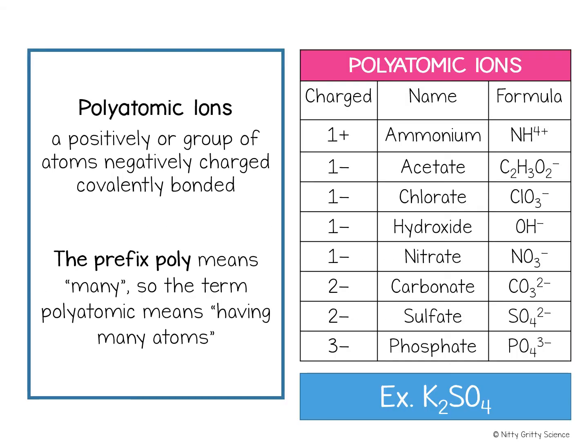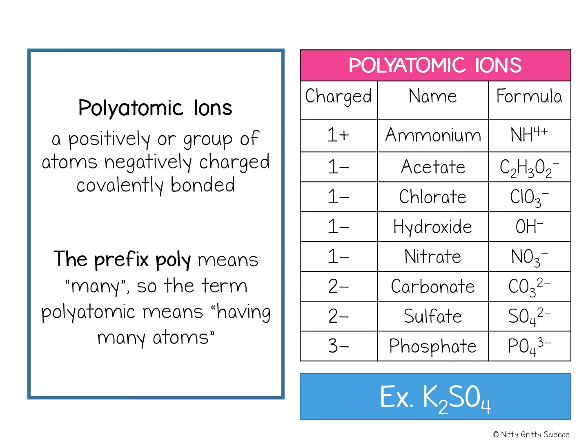Now, let's go to polyatomic ions. Not all compounds are binary or only have 2 elements. Those that are composed of more than 2 elements are called polyatomic ions. The prefix poly means many, so the term polyatomic means having many atoms. This chart is one that you want to copy down and have readily available so you start recognizing polyatomic ions.